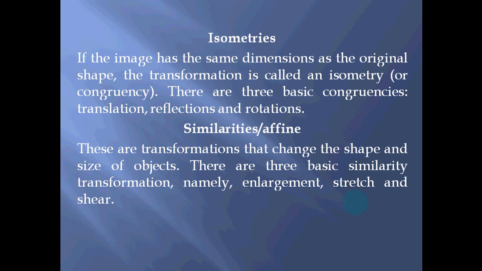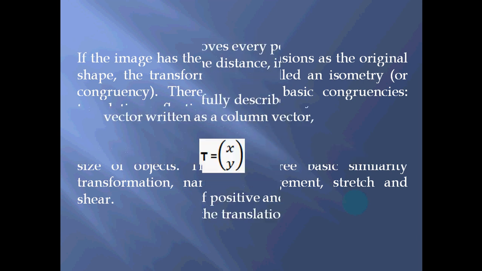Basically, there are three congruencies: translation transformation, reflection transformation, and rotation transformation. The other type of transformation, which are affines, we'll look at them later on. We are going to concentrate on isometries and particularly a translation.